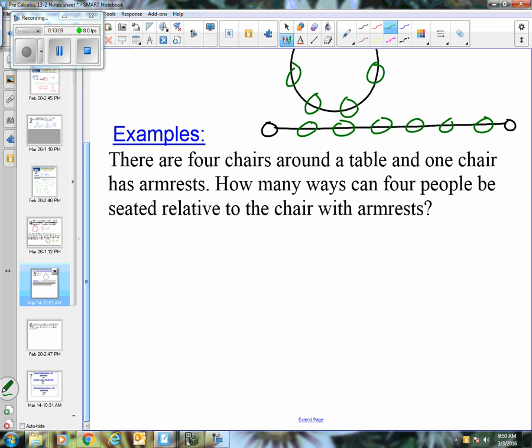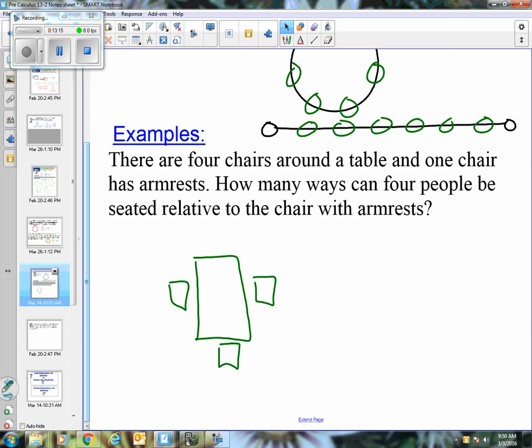Okay, so take a look at how that might look differently in a situation. So there's 4 chairs around a table, but one of them has armrests. So we'll make some armrests on there. All right, so how many ways can you put people in those seats relative to the chair with the armrests? In this situation, we're talking about around something, so this is a circular permutation.